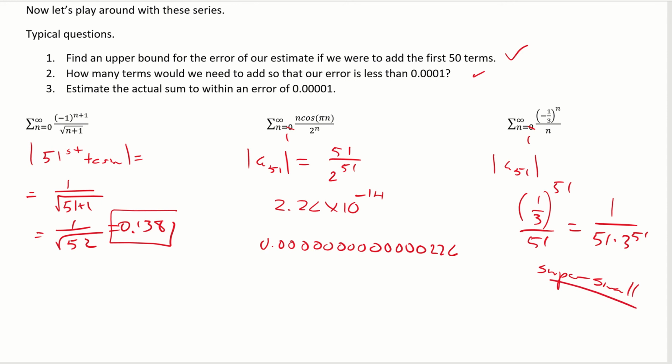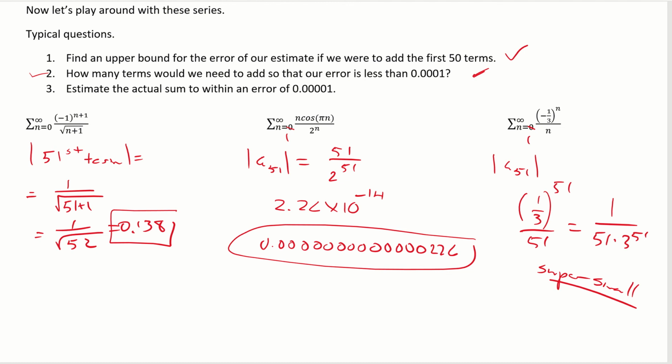So what you get is a feel for how the terms themselves depend on the series. They go to 0 very quickly or not, depending on how it's been defined. How many terms would you have to add in order to have the error less than 0.0001? Well, I ran this one.